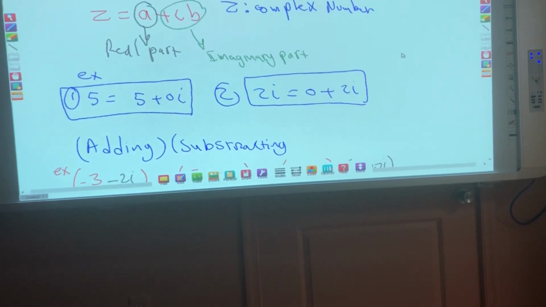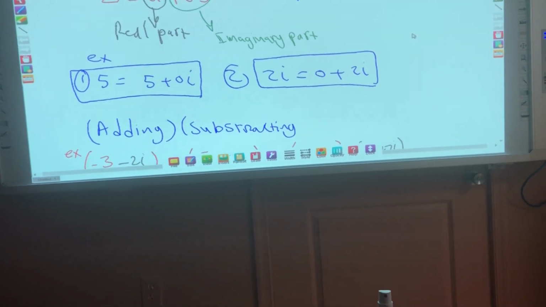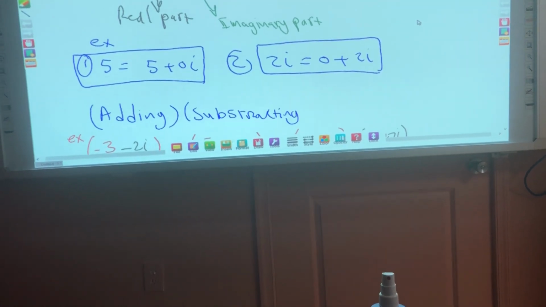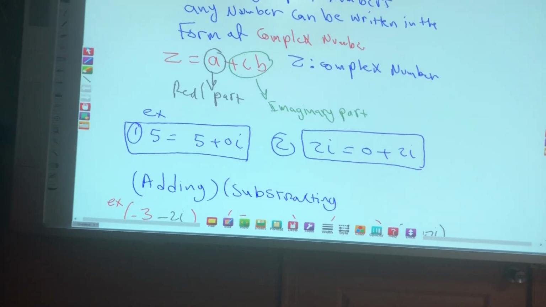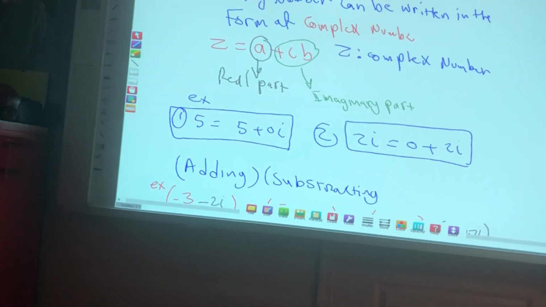In the first example, the imaginary part is 0, as you see. In the second, the real part is 0. Because of that, we can write any number as a combination of real and imaginary numbers.